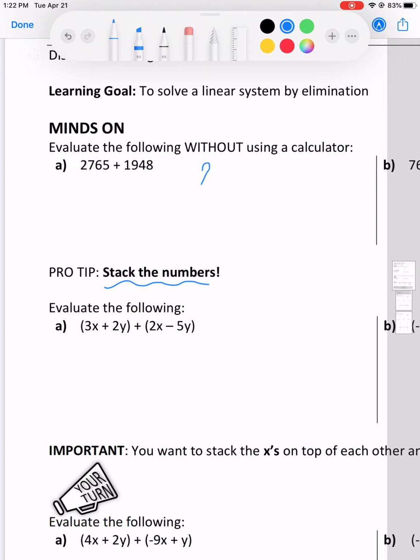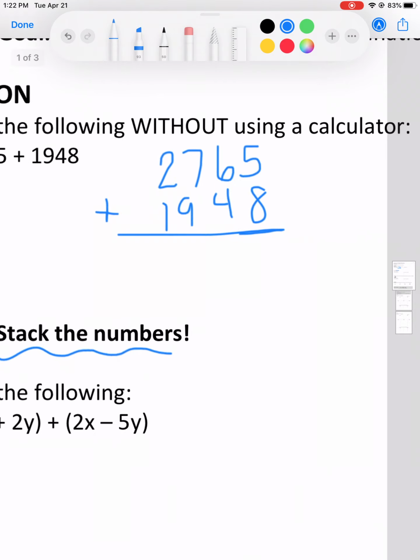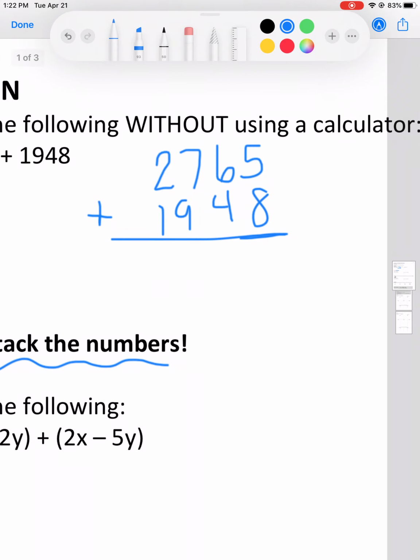So we do 2,765 plus 1,948. Does this look familiar? I hope so. So we're going to do 5 plus 8, which is 13.